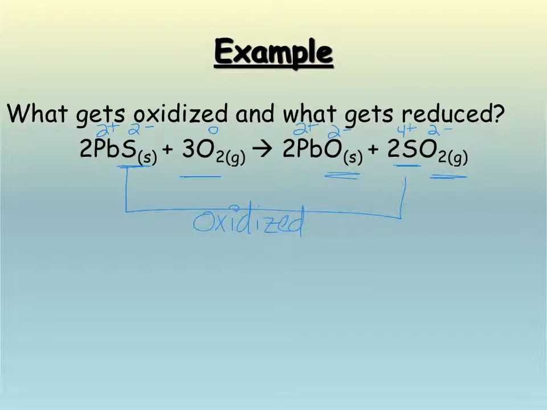For oxygen, we are going from 0 to 2-, meaning it is getting more negative, so it is gaining electrons. It's supposed to be reduction, so it is being reduced.